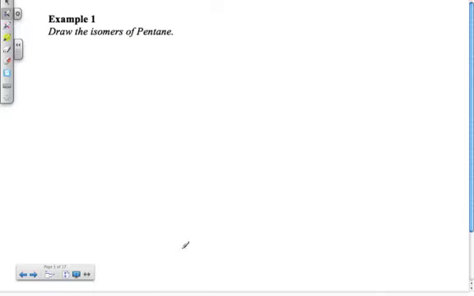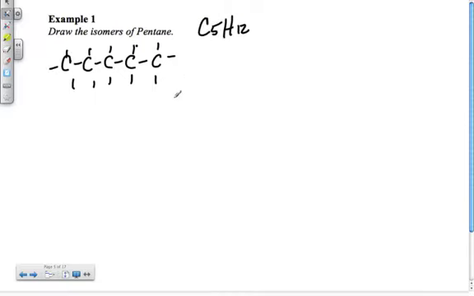So let's review and draw some isomers of pentane. You need at least 4 carbons in order to create an isomer, so that's why I gave you the first example with butane. The more carbons you have on the parent chain, the more isomers you can draw. So we know pentane's got 5 carbons. 1, 2, 3, 4, 5. I put my H's. The general formula is C5H12.